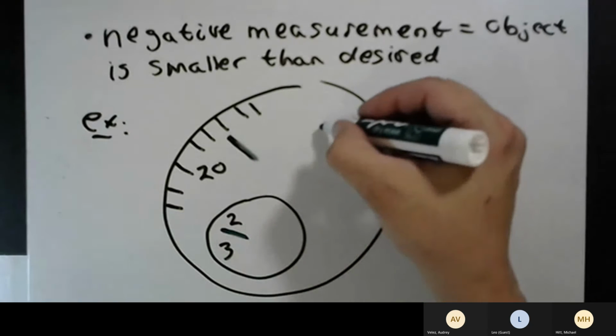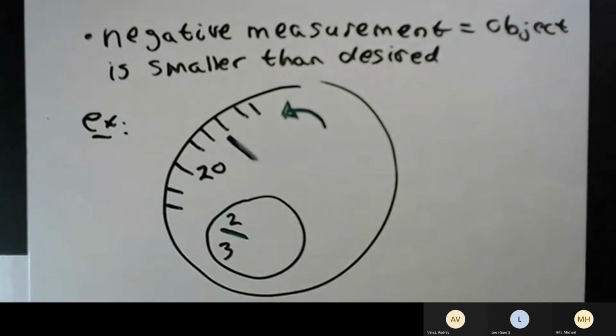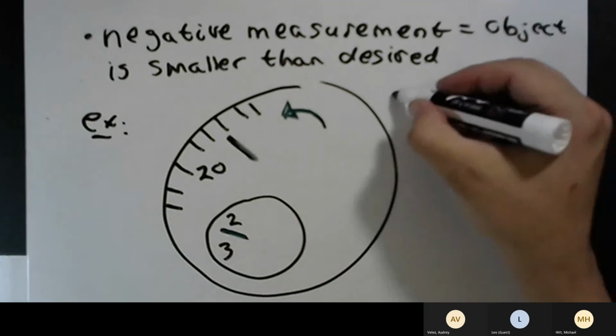And then we have an arrow pointing to the left. So first off, let's look at rotations.